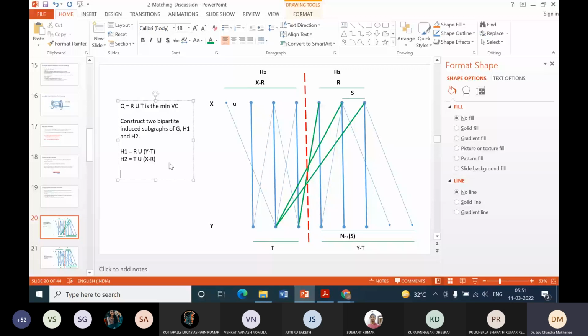So what I have to prove, now objective is to create a matching of size mod R for H1 and mod T for H2.